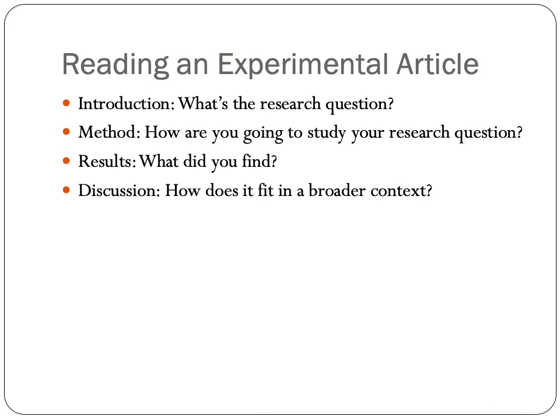And the basic breakdown of these research articles is as follows, right? There's an introduction that basically says, what's the research question? It gives us a big overview of the literature and then tells us what the research question is. There's the method that says, how are you going to study a research question? The results that say, what did you find? And the discussion that says, so what? Right? So how does this fit into the broader context of research?